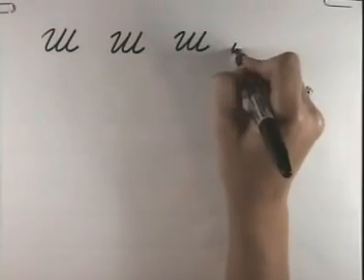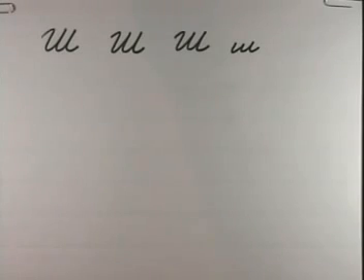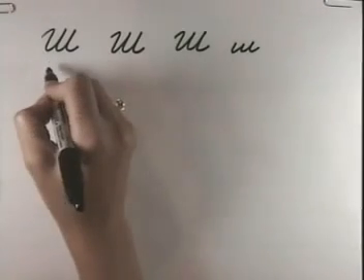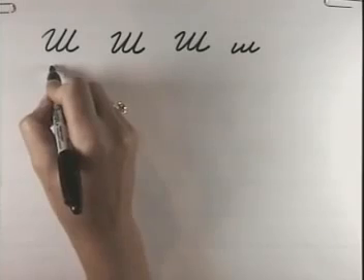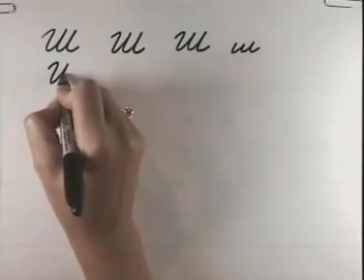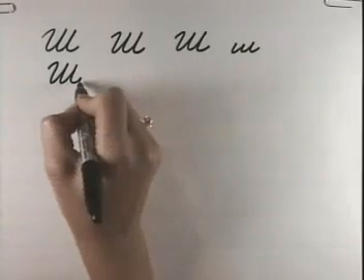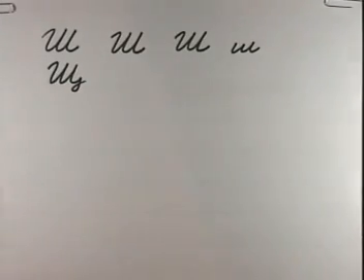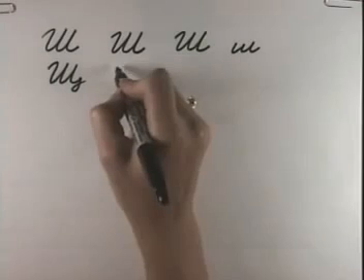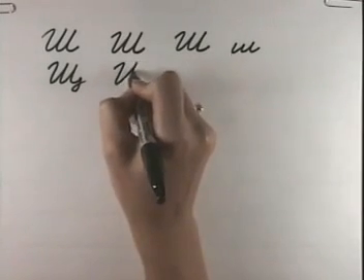And here's your lowercase version, the letter sha. Now you remember that the letter shcha looks similar to the letter sha, only it has a little tail, and that's how we represent it in cursive. Let's do this one more time.